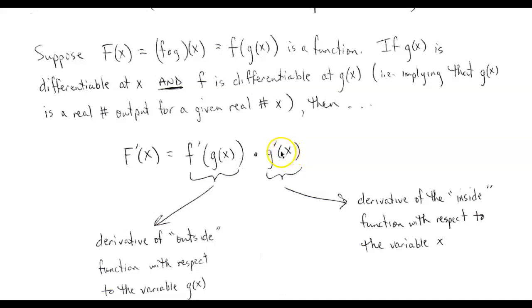Now I'll say that again. The derivative of the composition function will be the derivative of the outside function with respect to the inside function times the derivative of the inside function with respect to x, the independent variable.